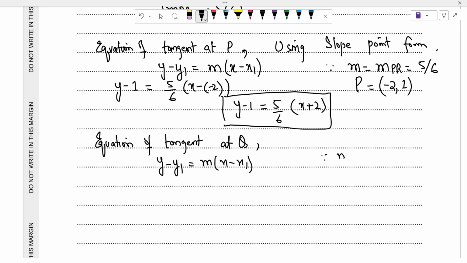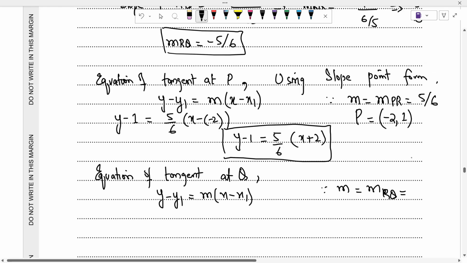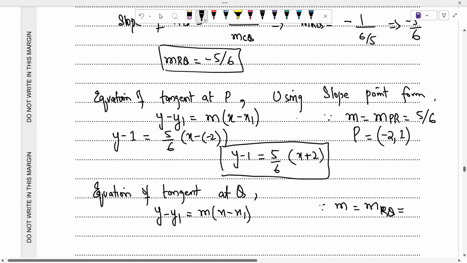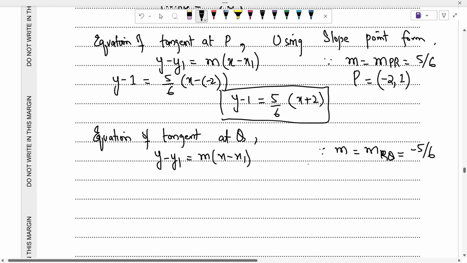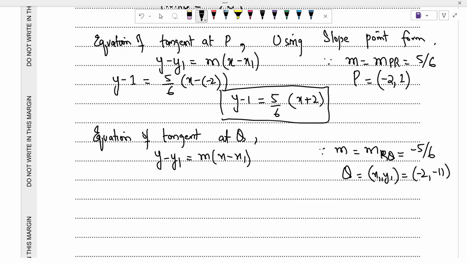In this case, m is equal to the slope of RQ, which is negative 5 over 6, and the point Q is (x1, y1), which is equal to (negative 2, negative 11). So the slope point form will be y minus y1, which is negative 11, equals the slope, which is negative 5 over 6, times (x minus x1, which is negative 2).